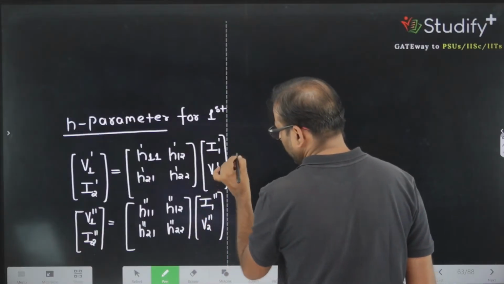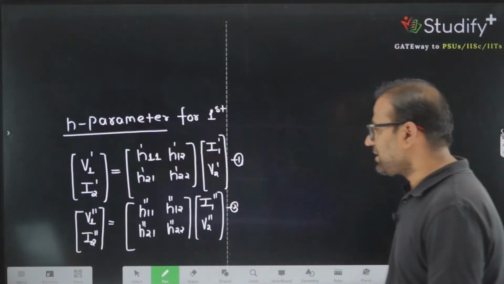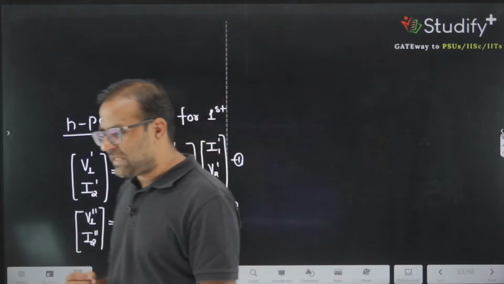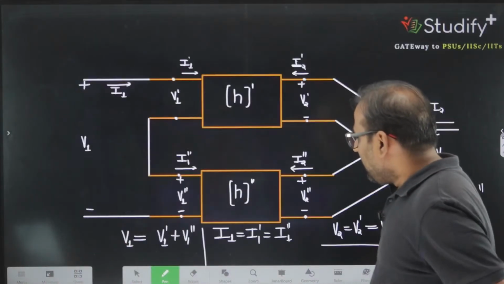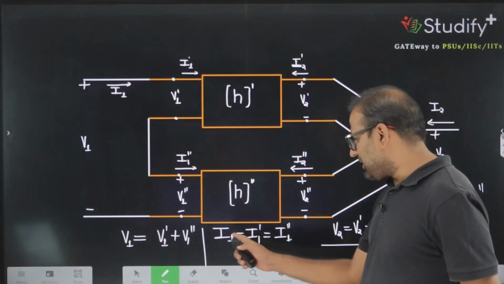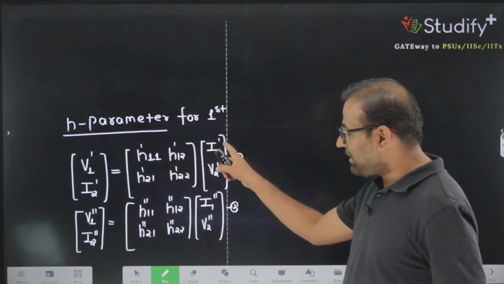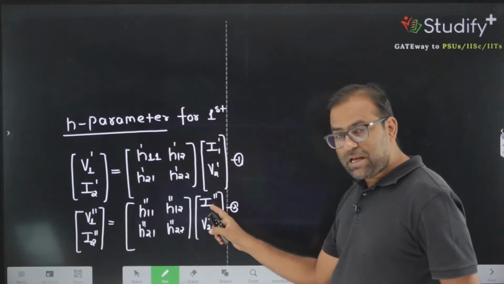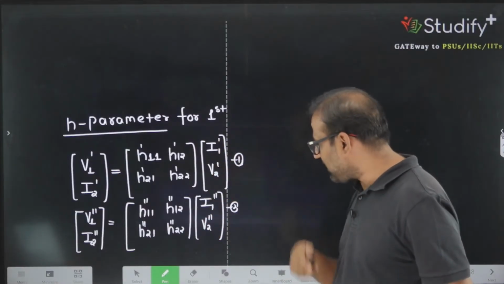We are having two equations. Whenever we add these two equations, we add the corresponding right-hand side and left-hand side. Can I say I1 prime, I1 double prime is equivalent to I1? So when I add this, these two numbers are same.